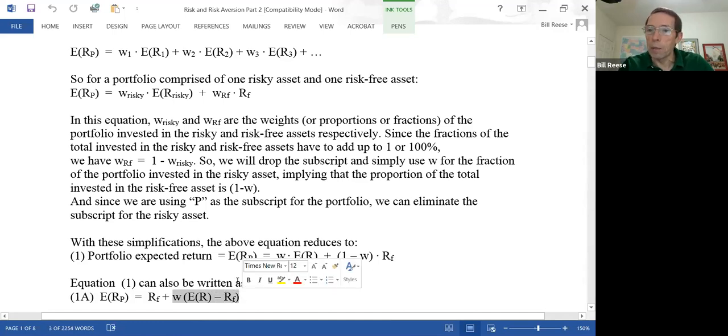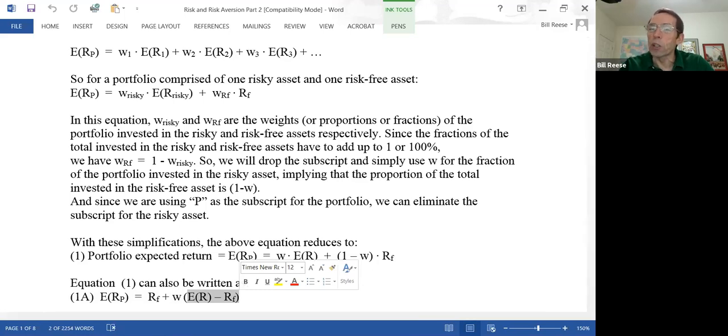The risk premium for our portfolio is going to be the weight on the risky asset multiplied by the risk premium for the risky asset. The risk premium for the risky asset is going to be this right here: the expected return on the risky asset minus the risk-free rate.